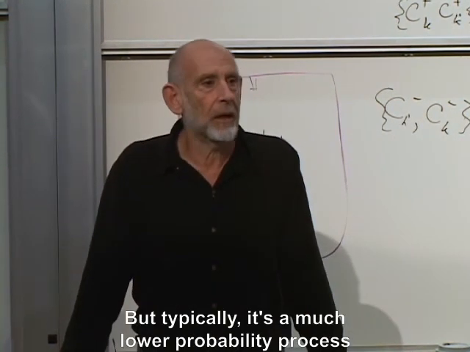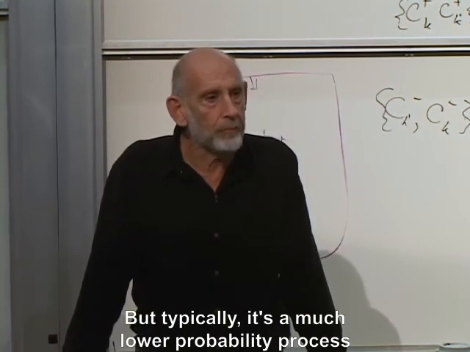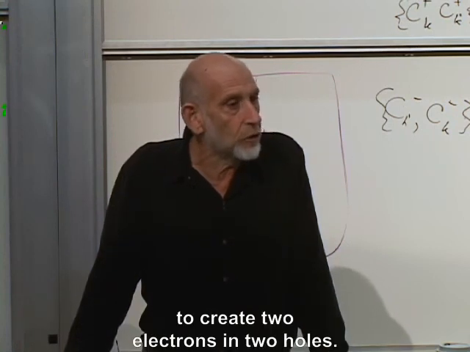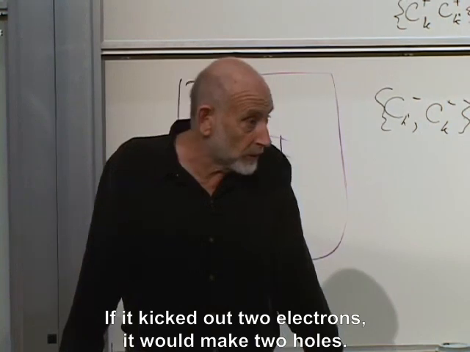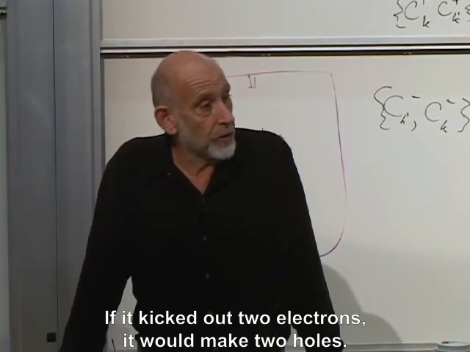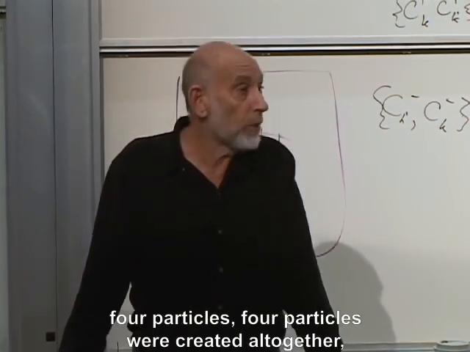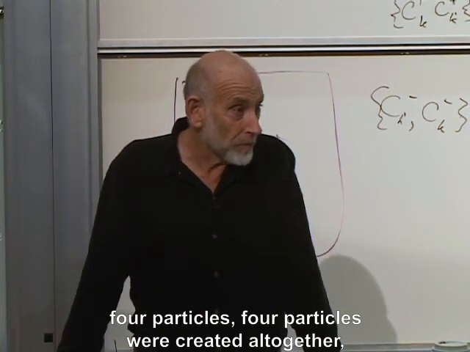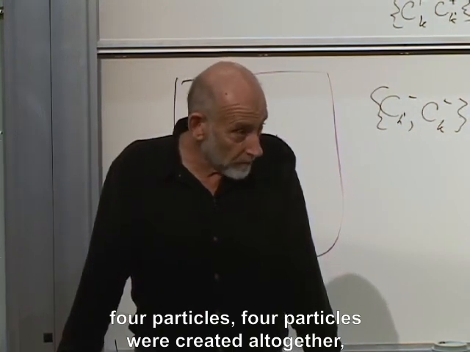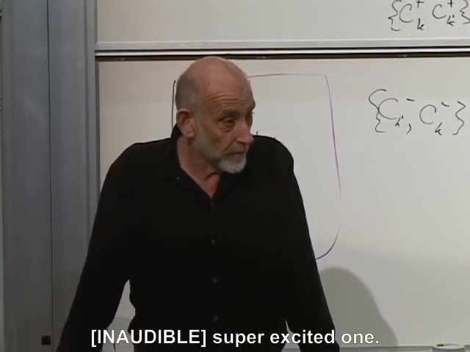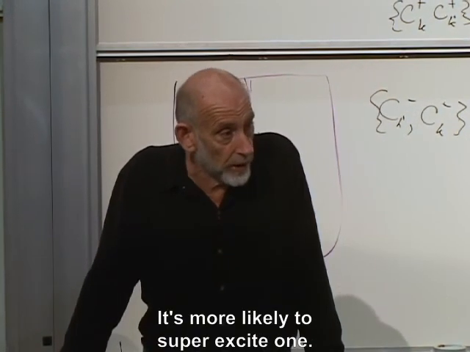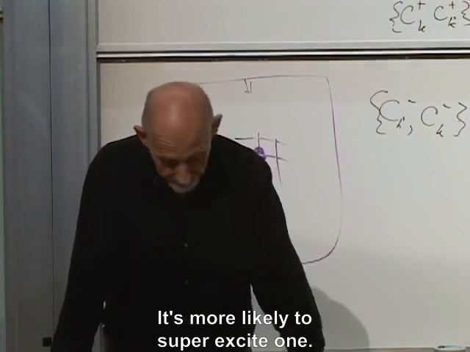But typically it's a much lower probability process to create 2 electrons and 2 holes. If it kicked out 2 electrons, it would make 2 holes, so that would be a process in which 4 particles were created altogether, and that's much less likely. It's more likely to superexcite one.